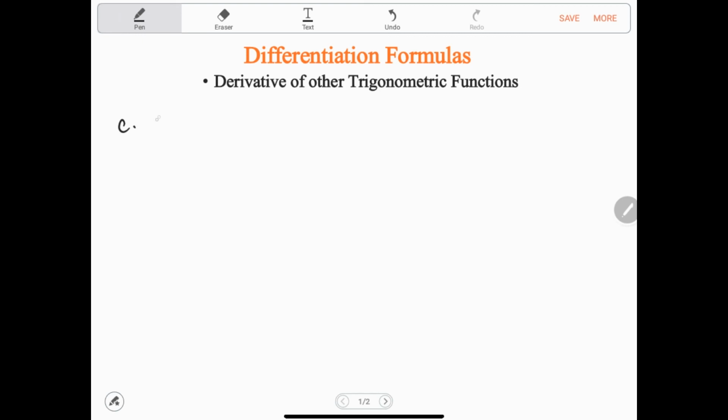Next example. The derivative of secant x is equal to secant x times tangent x multiplied by the derivative of x.